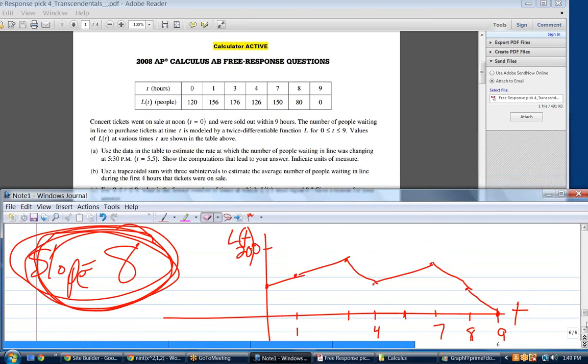Using a trapezoidal sum with 3 intervals, estimate the average number of people waiting in line during the first 4 hours that tickets were on sale. Okay. With 3 intervals. Well, that's convenient. There's interval 1, there's interval 2, there's interval 3.